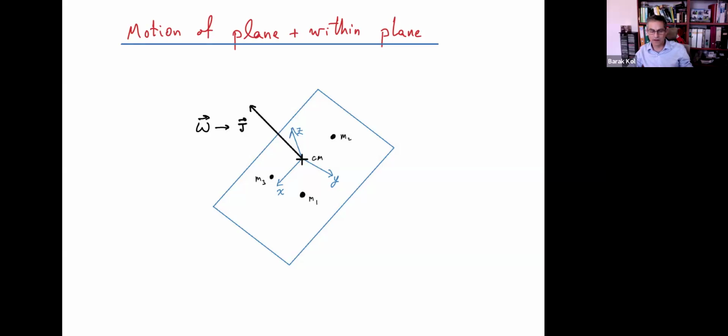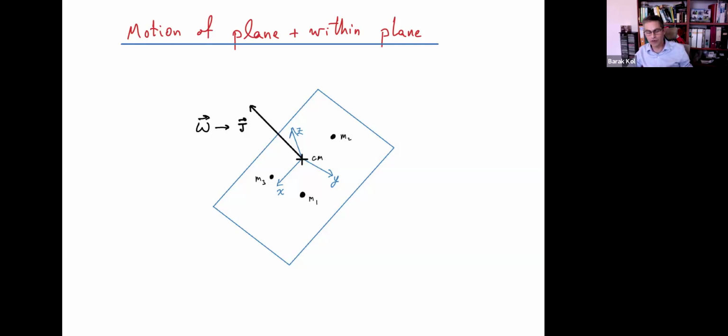Being normal to this plane means that the angular momentum is conjugate to rotations in the plane. So what we really want to factor out is rotations within the plane.